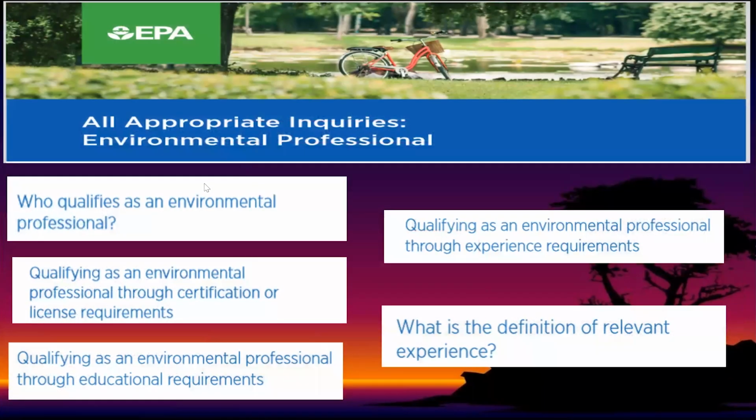They will tell you who qualifies, what kind of certification or license is required for them to do environmental investigations, and what kind of education the environmental professional must have.